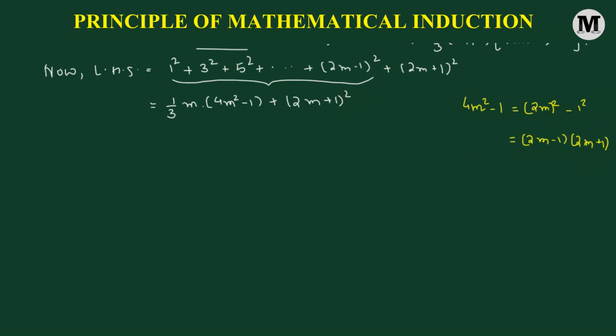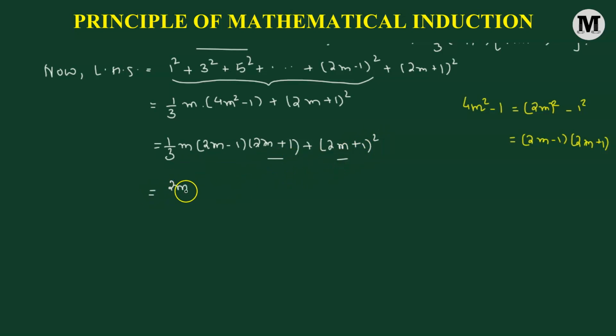Now we'll be using this such that we get 1 over 3 multiplied by m. Now 4m squared minus 1 can be expressed as (2m minus 1) multiplied by (2m plus 1), added to (2m plus 1) whole squared. Now again we have two terms. From each of the terms we can factor out (2m plus 1).